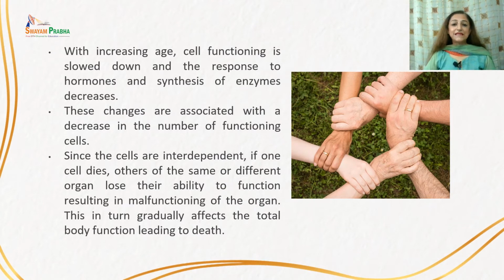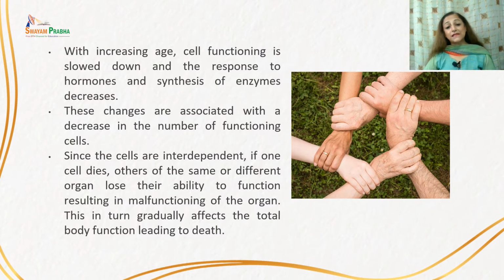With increasing age, cell functioning slows down, and the response to various hormones and the synthesis of enzymes starts decreasing. These changes are associated with a decrease in the number of functioning cells inside the body, cells which are actively working.